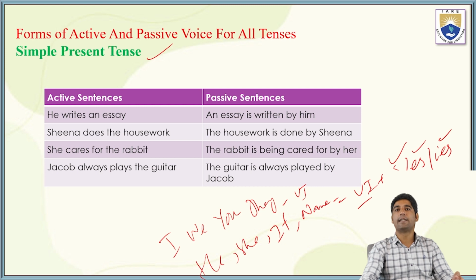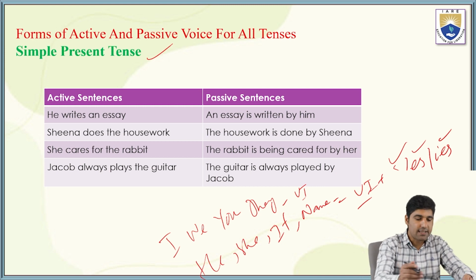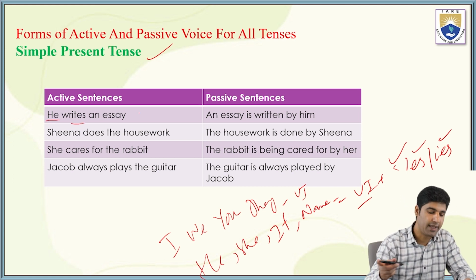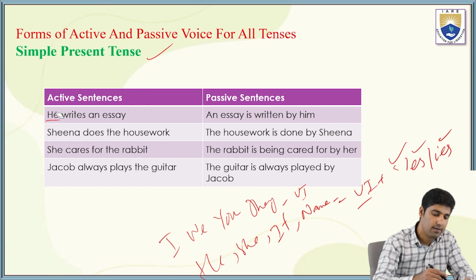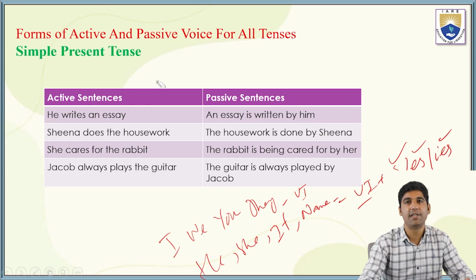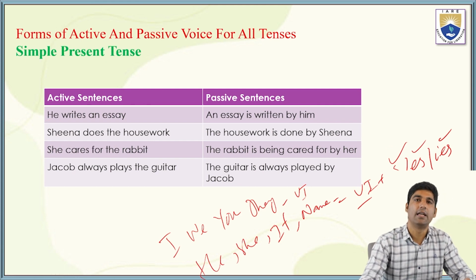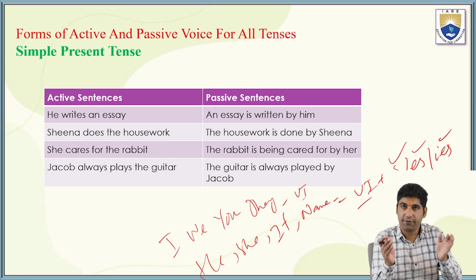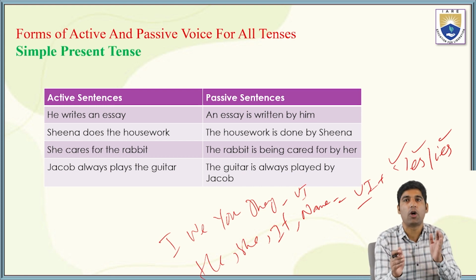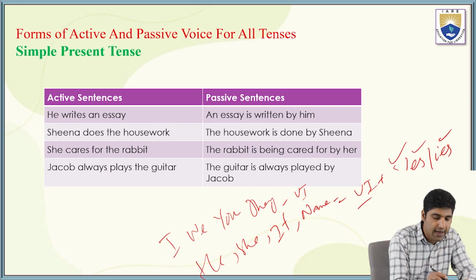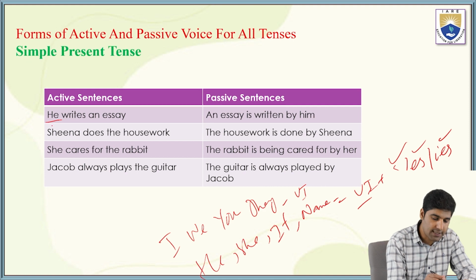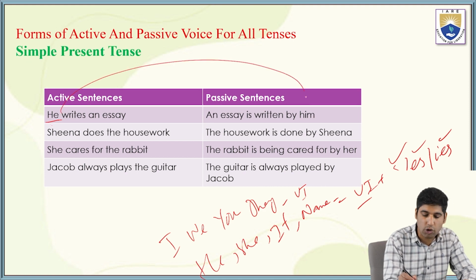We have the first present indefinite sentence, that is, he writes an essay. We have the subject as third person, and the verb is added with s. So he writes an essay. How can we change it? I told you when we are converting active voice into passive voice, the first thing is interchange of subject and object. When we are converting he into passive voice, he becomes him. So this will be the object of the passive voice.